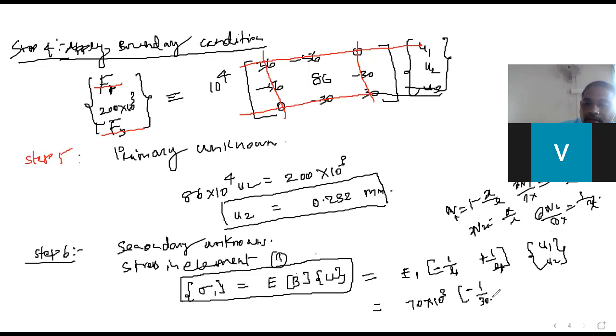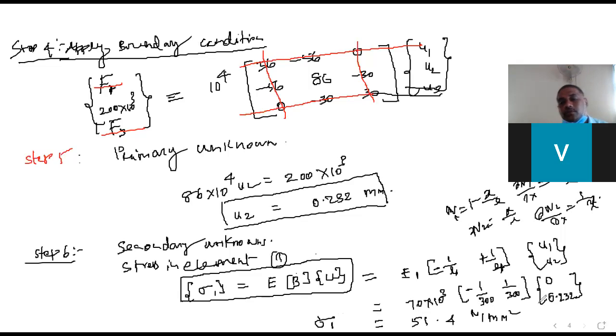So minus 1 by 300 plus 1 by 300, multiplied by U1, which is 0, and U2, which we already found out is 0.232. So from the known deflection, you are supposed to find the stress value. If you simplify this equation, you get this stress value sigma 1 as 51.4 Newton per mm square.